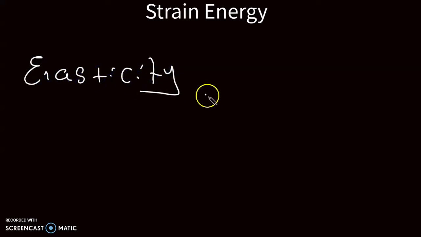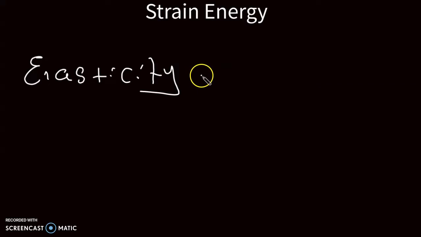Before we go to what strain energy is, I want us to look at elasticity. By now, we already know that elasticity is the property of a material to return to its original size when the load causing the deformation is removed.